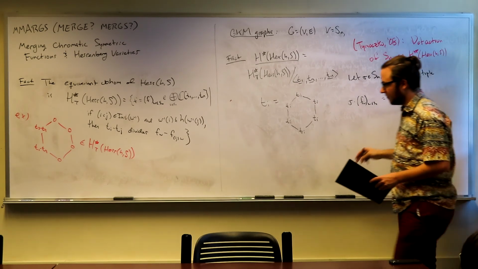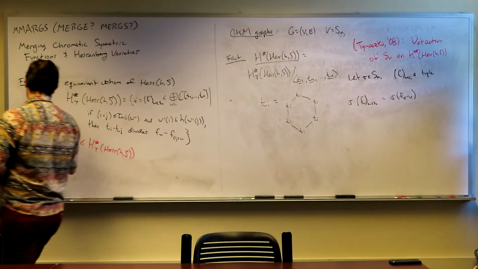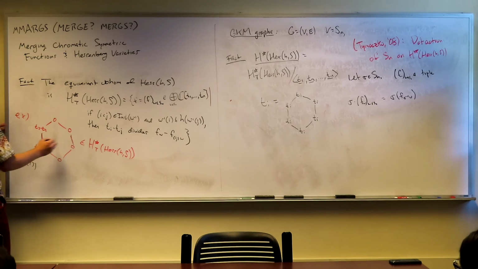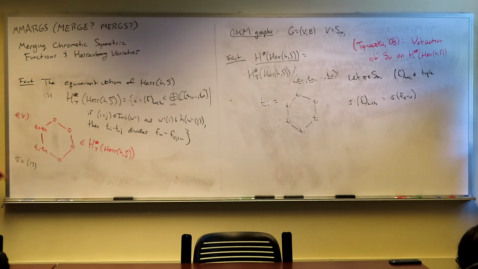So let's apply something to this graph. Let's do 1, 3, because I know where that's going to go. These vertical edges were labeled T1 minus T3, which means they corresponded to this transposition.